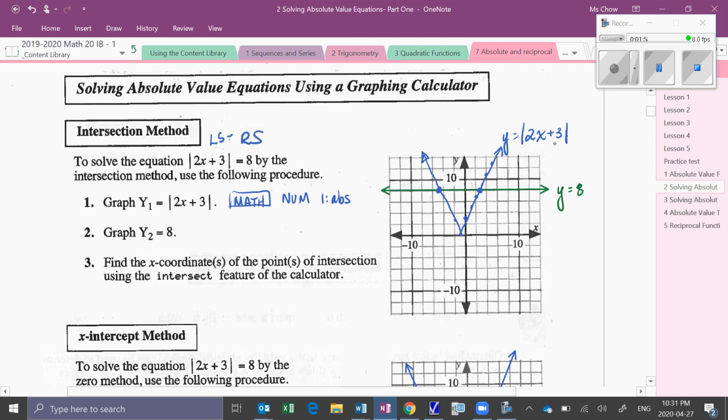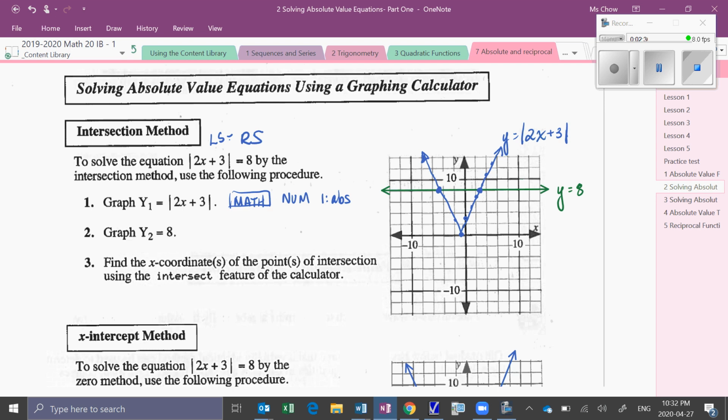And the absolute value of 2x plus 3, of course, has that piecewise function part that we talked about last class. So the right side of this looks like the graph of y equals 2x plus 3, and this arm on the left is actually negative 2x minus 3, with that kind of reflection point at negative 3/2.